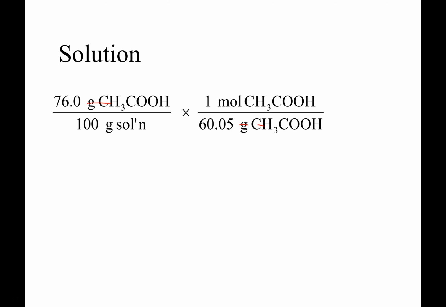Wouldn't it be the unflipped version, because I want grams of solution to cancel? Yep, so I use the unflipped version. The reason is that I had grams of solution in the bottom here, and I wanted grams of solution in the top there, so that they cancel.